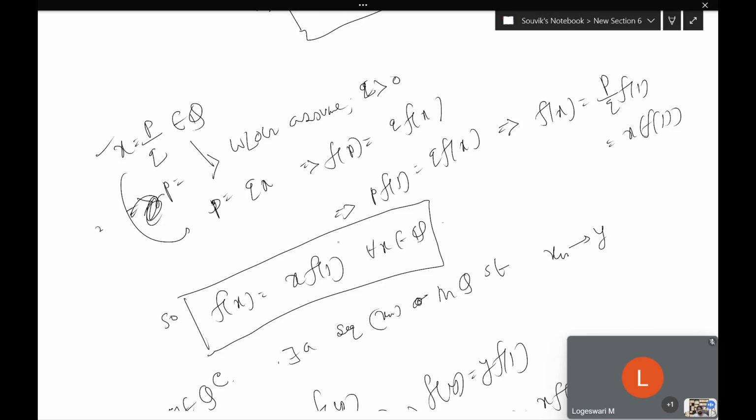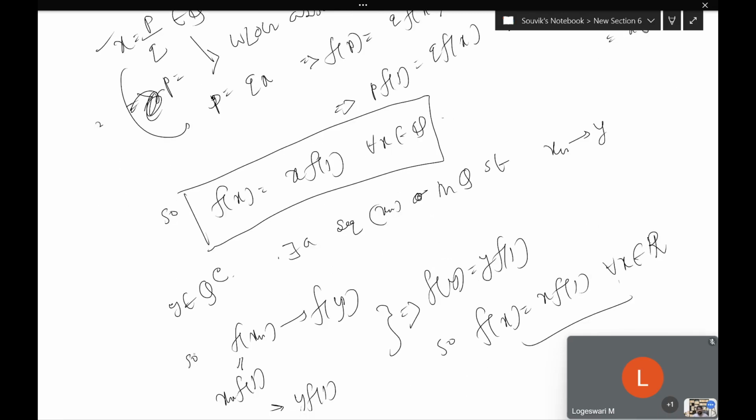Now p by q is x, so f(x) is x f(1). So this tells that the fact that f(x) equals x f(1) holds for rational numbers also.